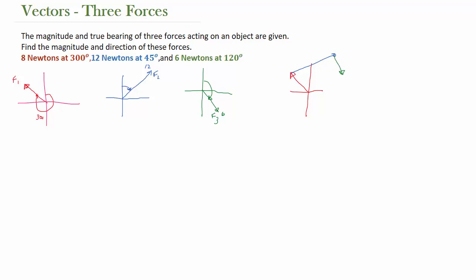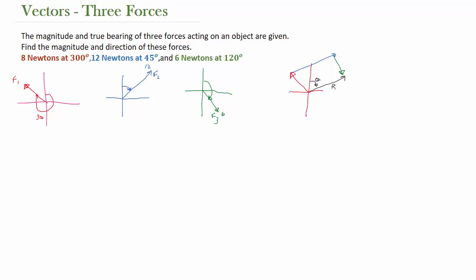Our resultant is this force right here, R. And our job is to figure out the magnitude, which is essentially the length, and the direction angle. Now, we're going to find this angle here eventually, but those are the two things that we're going to want to find. Let's think about this for a moment.